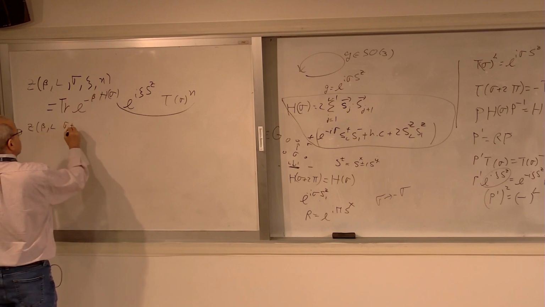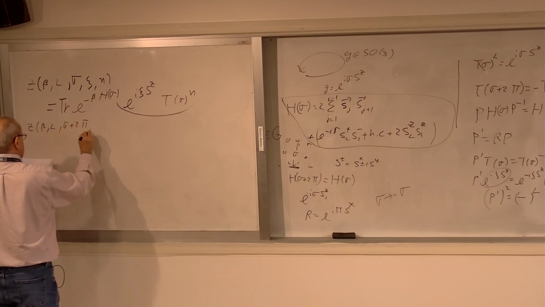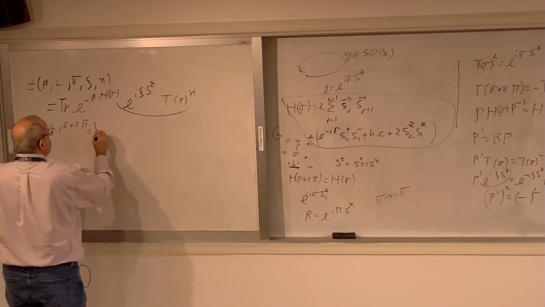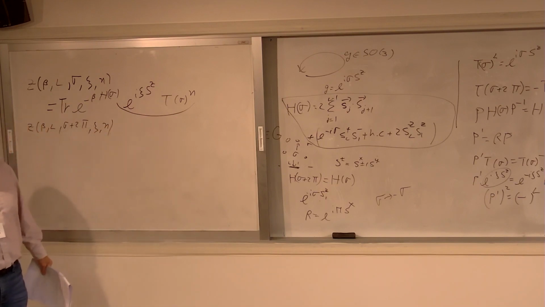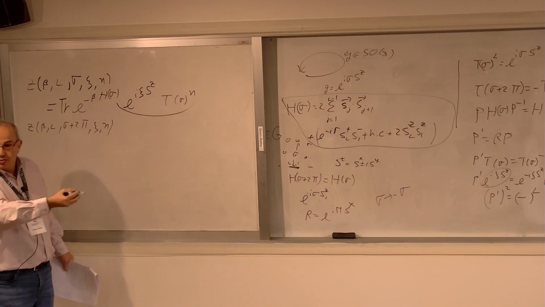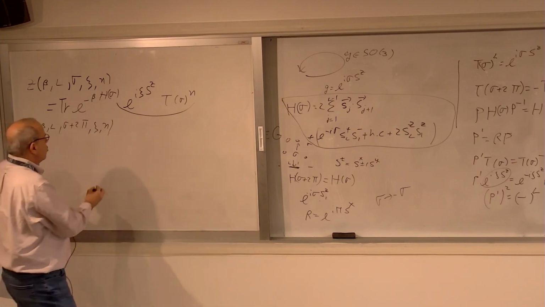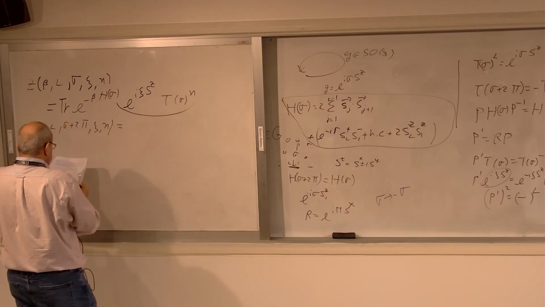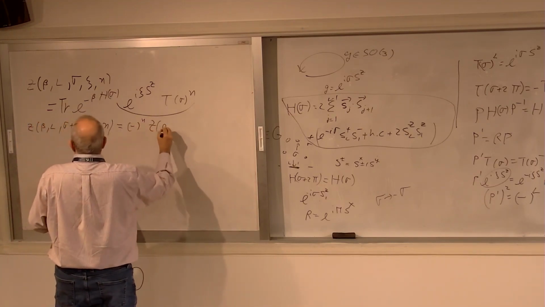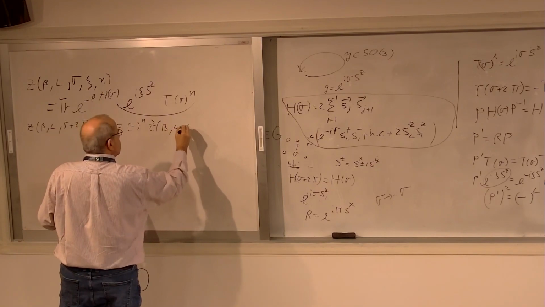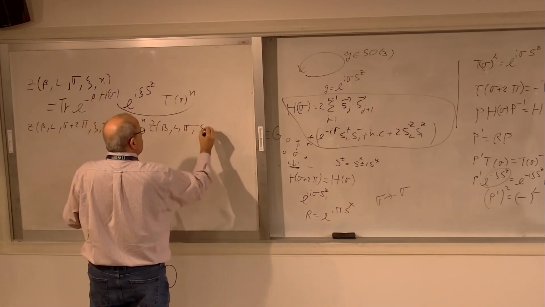sigma plus 2 pi. So it's very repetitive, and it's good that it is repetitive, because you see that this is an algorithm that works in all possible systems. We did it last time for the compact bosons, and now we do it for this system. And this thing is minus 1 to the n, Z of beta, L, sigma, C, n.